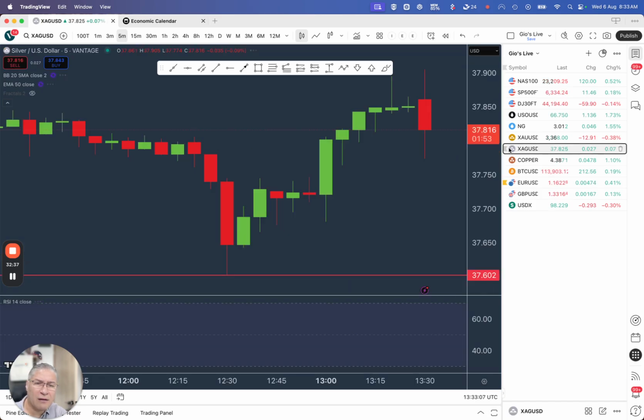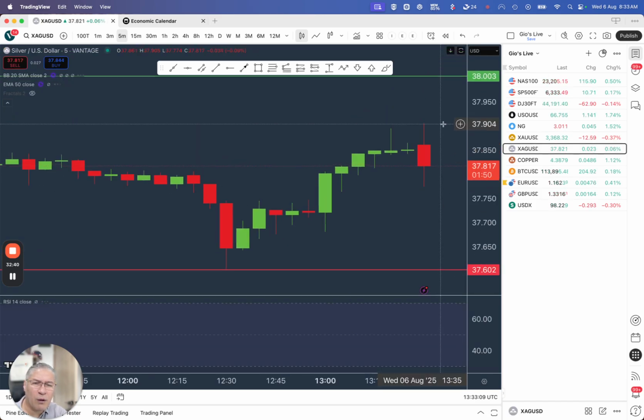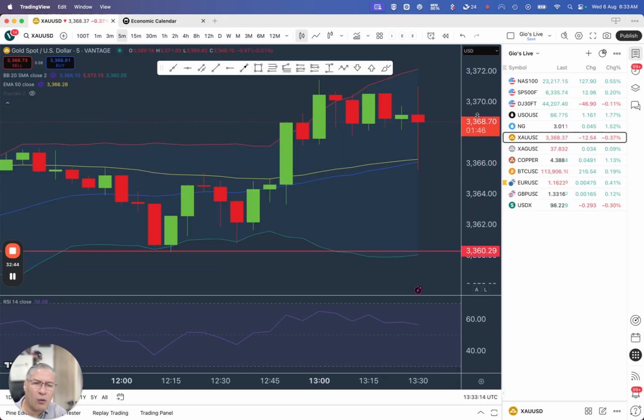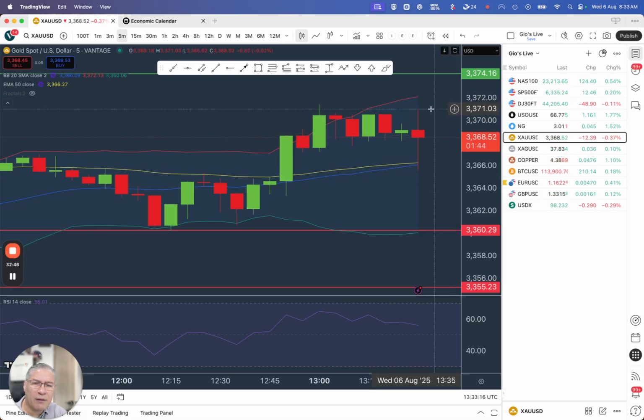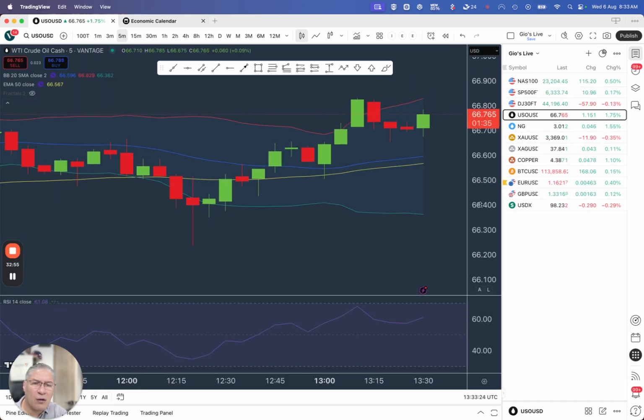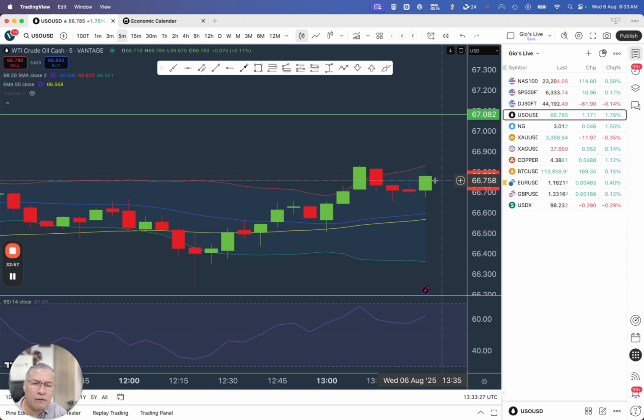That could be the case. Silver is whipsawing. It is pretty wild. Gold, same token, pretty wild swings. Nat Gas sustaining itself around $3. Crude oil looking to make a break above that top of 66.82.